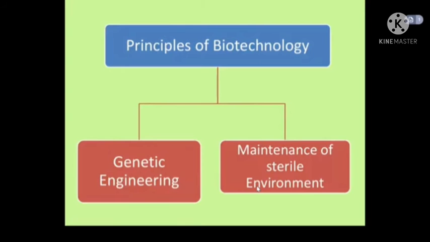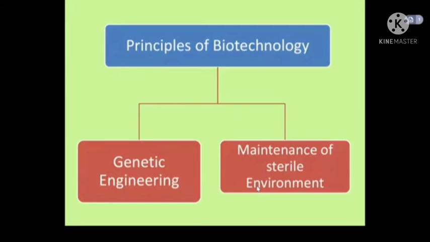But before going into the deeper sense of the technology, actually speaking, biotechnology was a process which we used unknowingly in our own homes, in our own kitchens. But we didn't know that it was the process of biotechnology that was happening.